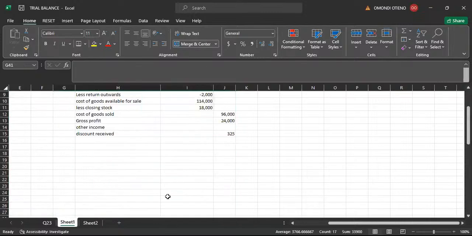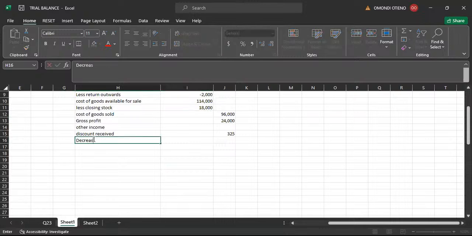That's what we have here. Discount received, then decrease in provision for bad debts. We have 50, which is an income.